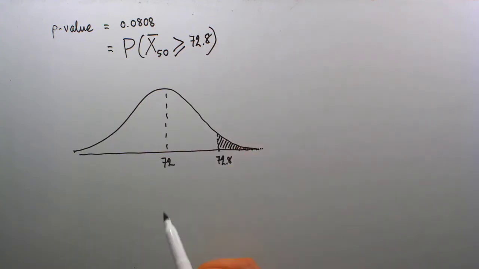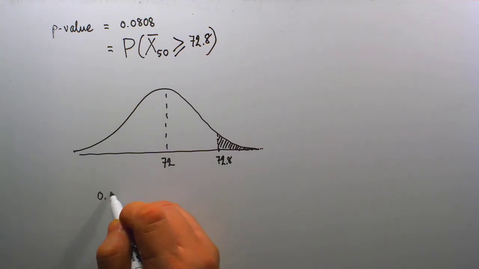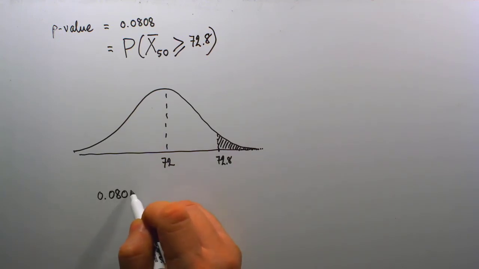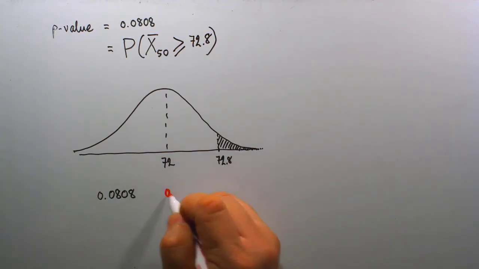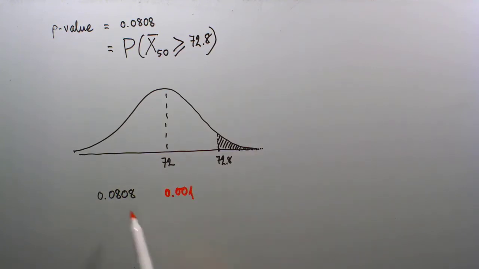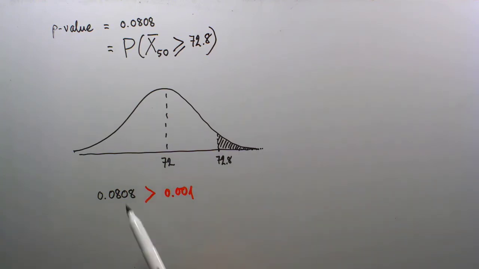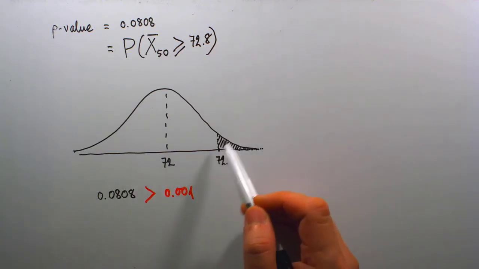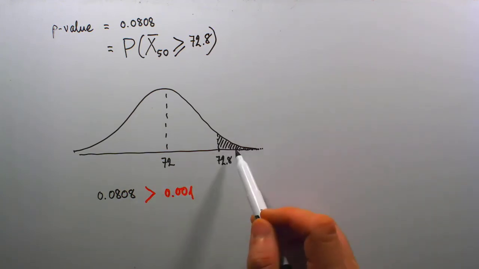And then the comparison of our final p-value being 0.0808 with the significance level 0.001 now clearly shows that our p-value is well above the significance level. Our p-value is graphically represented by the black area shaded to the right hand side of our sample mean on this bell curve.